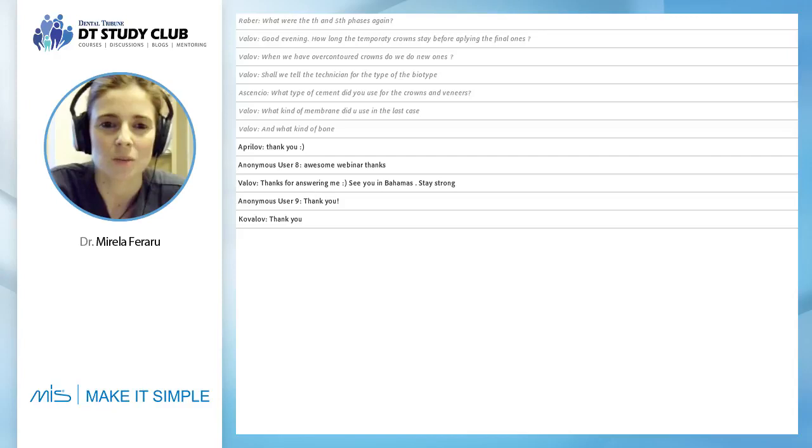Still from Valov, when we have overcontoured crowns, do we make new ones? Well, when you have an overcontoured crown and you already cemented it and didn't notice, you will see it only in a while when you have a soft tissue response.